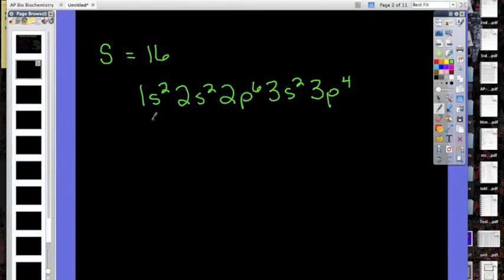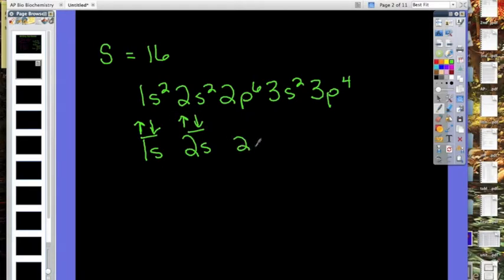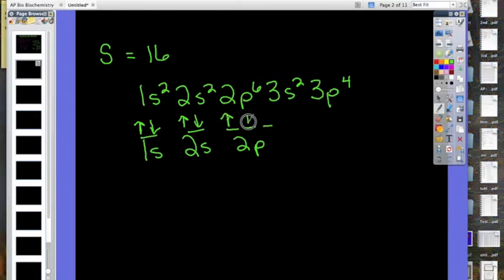If we wanted to do the orbital notation for this, we would take these 2 electrons, and instead of putting the superscript, we would put arrows up and down. And then arrows up and down. And then for the P, you would have 3 sets of arrows, and you would go up, up, up, down, down, down, and so on and so forth until you fill them all up.